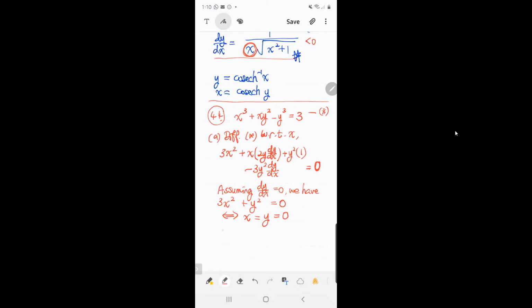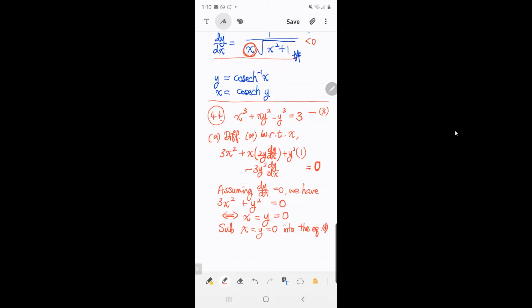Now I substitute x equals y equals 0 into the equation star. You put it back into star.